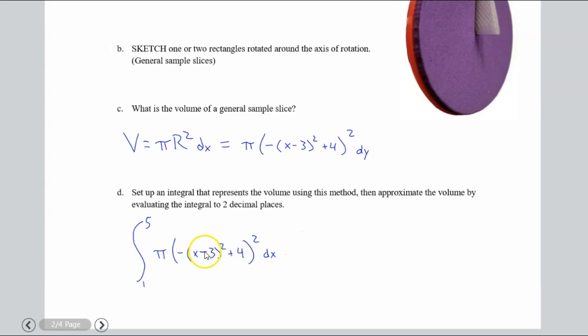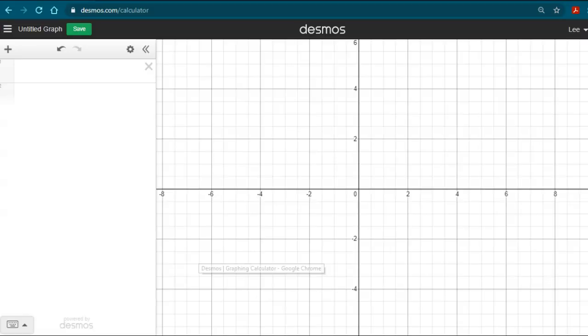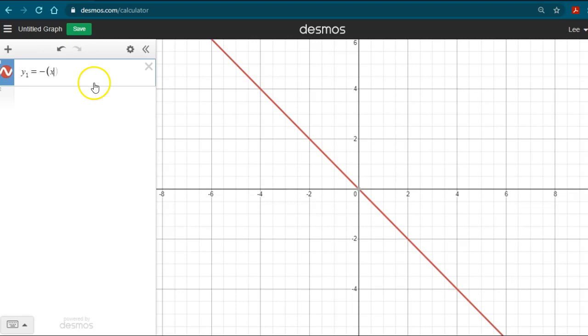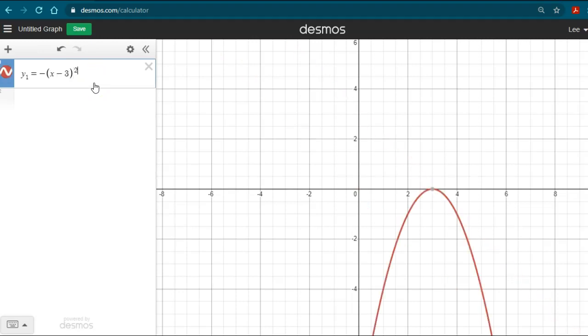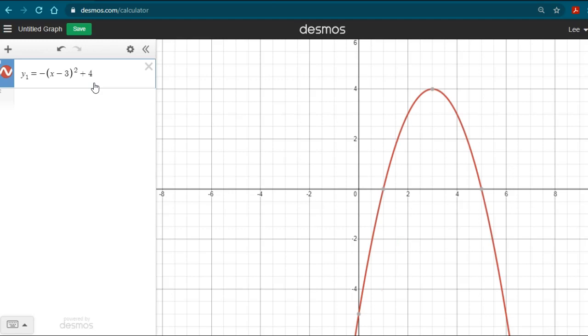Right. And then if you want to do it by hand, you can square this out, and it's just a big long polynomial with powers, so more tedious than it is hard. But we're just going to be using either the calculator or Desmos to get these. So one trick I'll go ahead and show you, you've probably seen it in some of the other applications, is I can do y1 equals negative (x minus 3) squared plus 4.